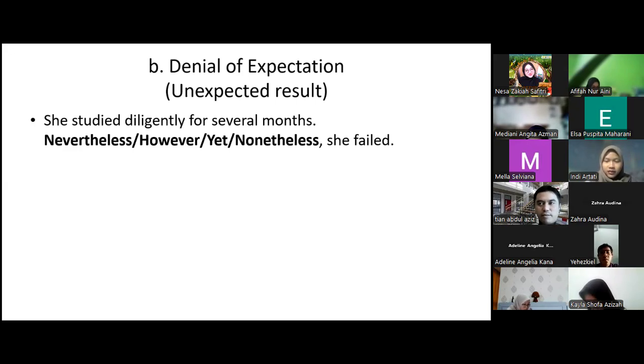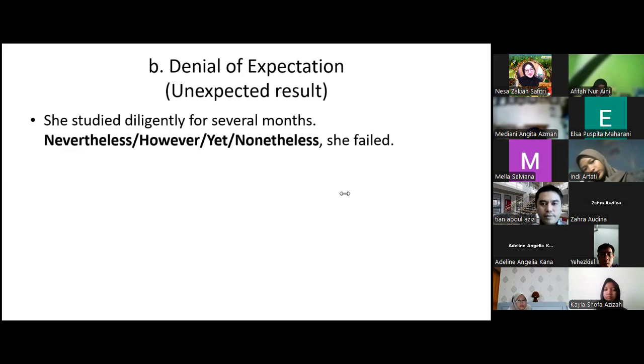It's possible: if we studied hard, but in the exam we failed. Here we use the connectors nevertheless, however, yet, and nonetheless to express the unexpected result from the first sentence.